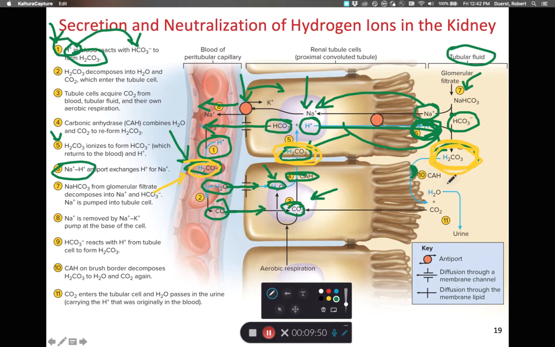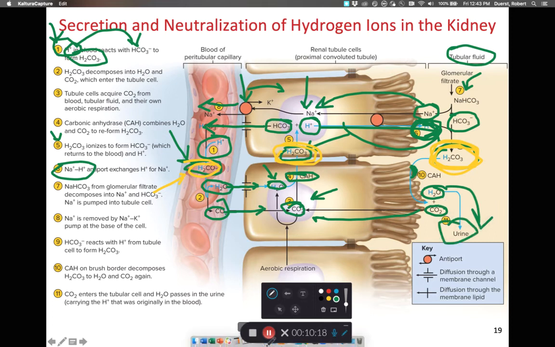And that carbonic anhydrase will turn the carbonic acid back into water and back into CO2. And that CO2 is capable of going back into the cell and being reprocessed in the cell of the renal tubules, and the water ultimately will be passed with our urine.